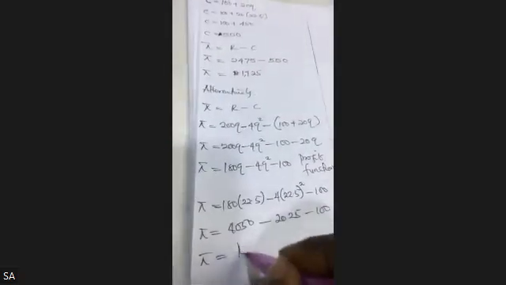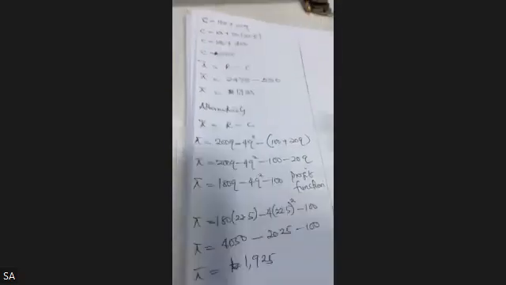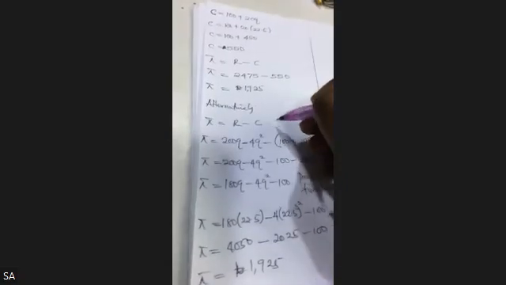So 4050 minus 2025 minus 100, and class, it is the same answer: 1925. So take note of the alternative method.